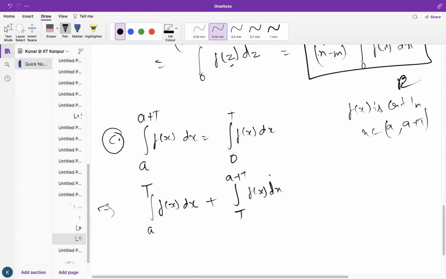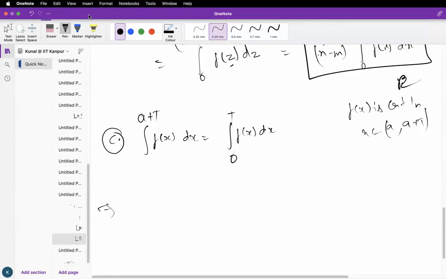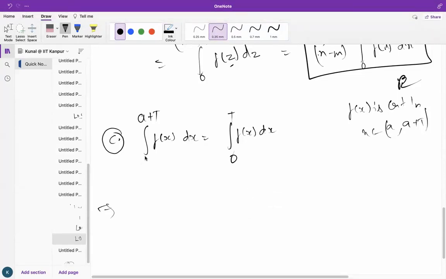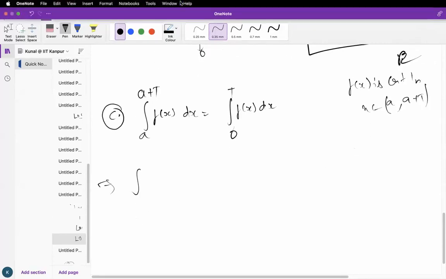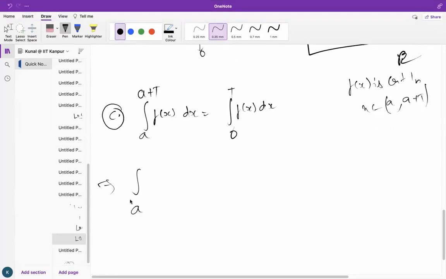So I just broke our given integral into two parts. Since f of x is continuous in a to a plus t, let me break it into two parts: a to t first, f of x dx, and then t to a plus t, f of x dx.